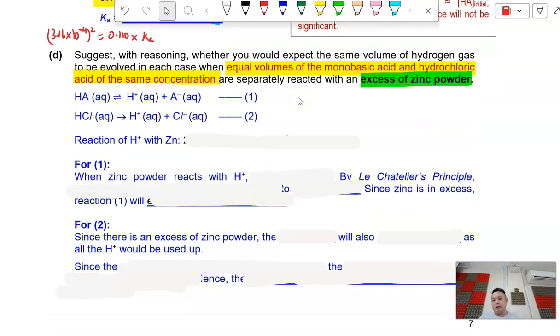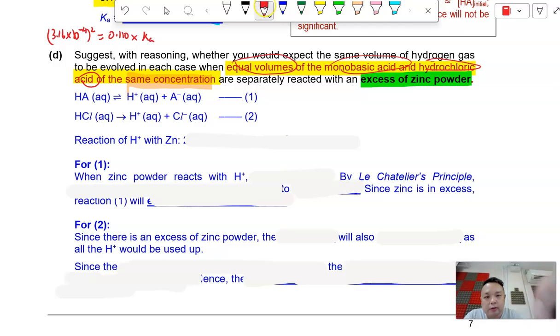If not, the last part is part D. For part D, we are supposed to suggest with reasoning whether you expect the same volume of hydrogen gas to be evolved in each case. Key thing, you use equal volumes of the monobasic acid and hydrochloric acid. Key idea is that you are using the same concentration.